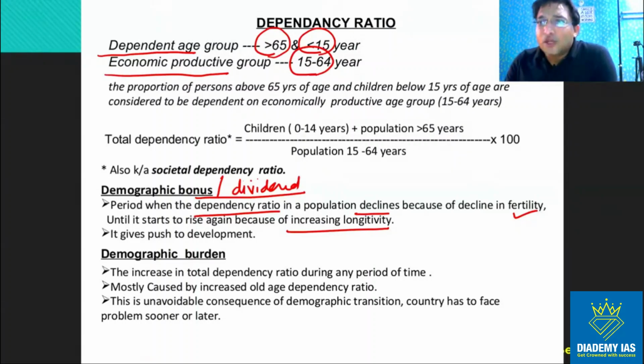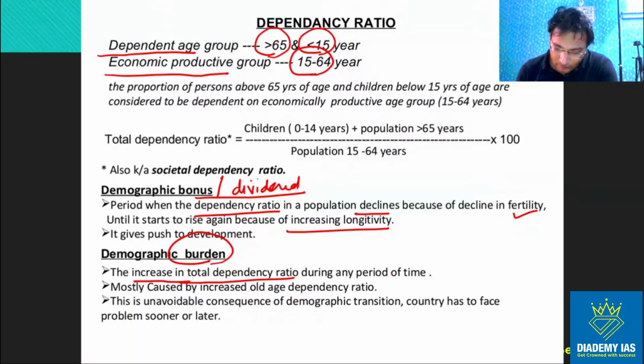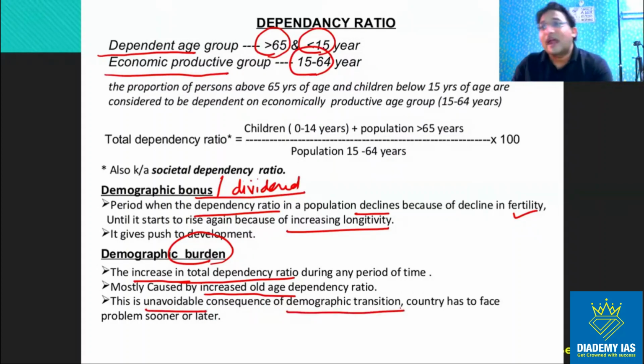The opposite of demographic dividend is demographic burden, right? So when total dependency ratio is increasing because of increasing old age dependency ratio, right? So this is also unavoidable because of demographic transition that happens over a period of time. तो पहले डेमोग्राफिक डिविडेंड आता है, अगर डेमोग्राफिक डिविडेंड को हार्नेस करते हो तो अच्छी बात है, अदरवाइज डेमोग्राफिक बर्डन तो आना ही आना है.